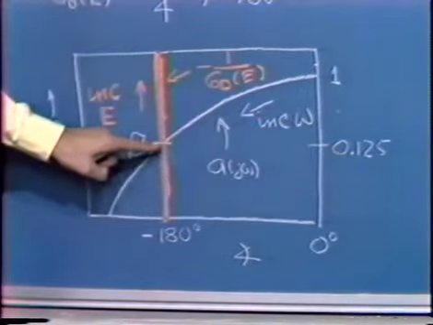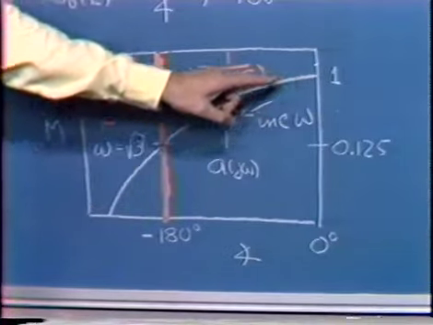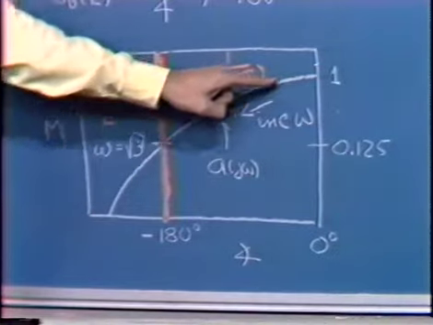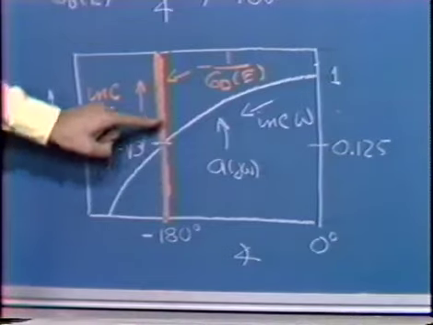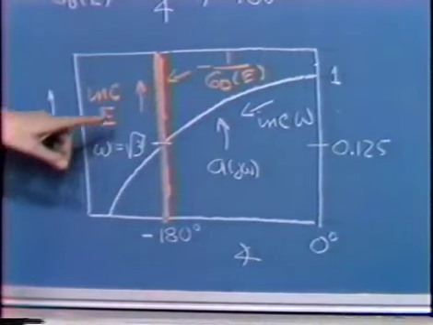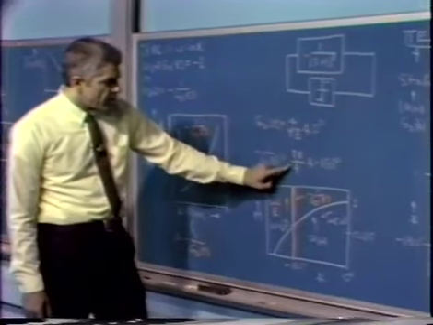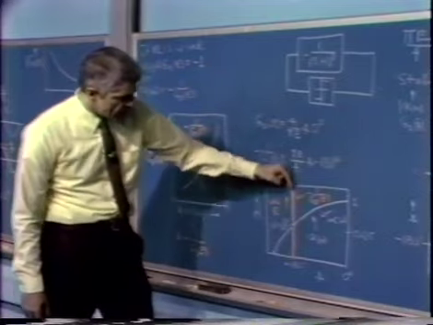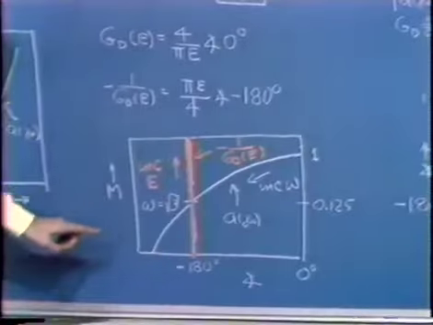So here we have the important point, as we'll see, for describing function analysis, the point where the linear curve goes through -180 degrees, because that's the point where it intersects the -1 over GD of E curve. -1 over GD of E is pi E divided by 4 at an angle of -180 degrees, so it lies directly along the -180 degree line.